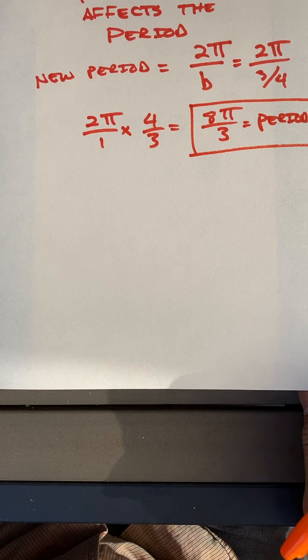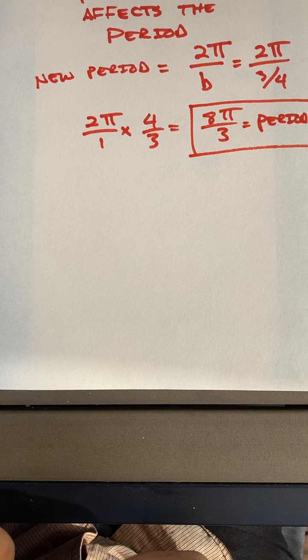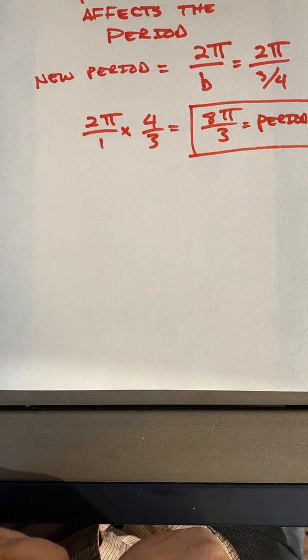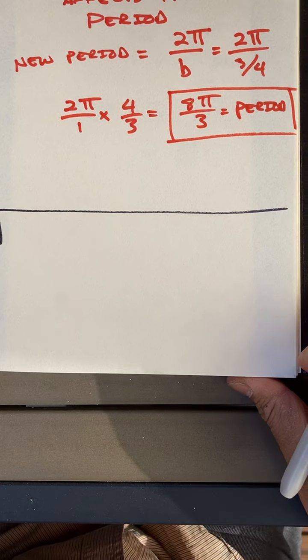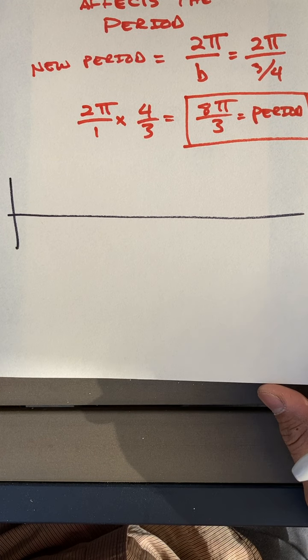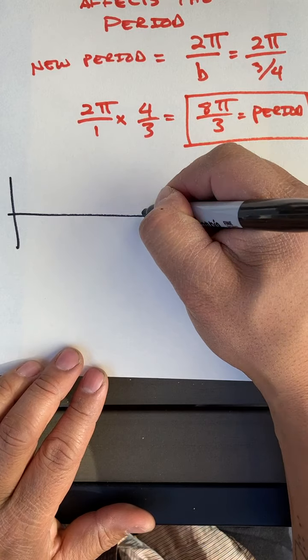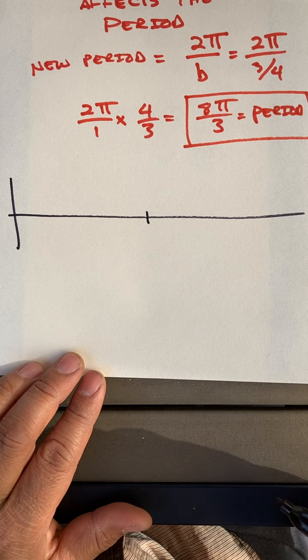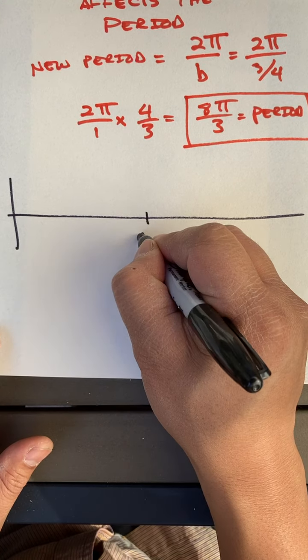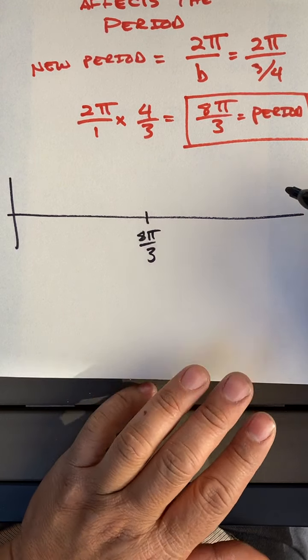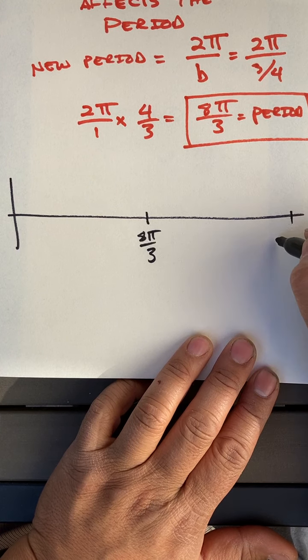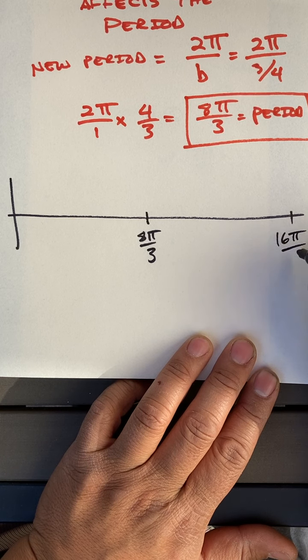All right, so let's do this. Of course, I'll do my axes in black. The book is saying do it over 2 cycles. So one cycle will happen in 8 pi over 3, and then the second cycle will happen at 16 pi over 3.